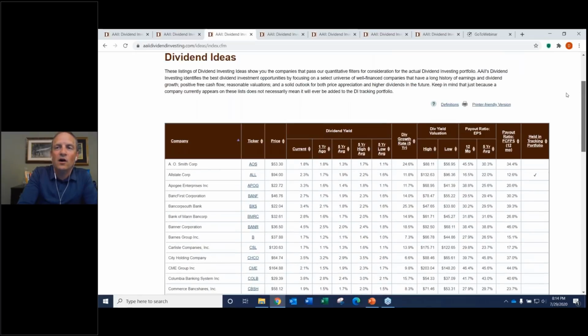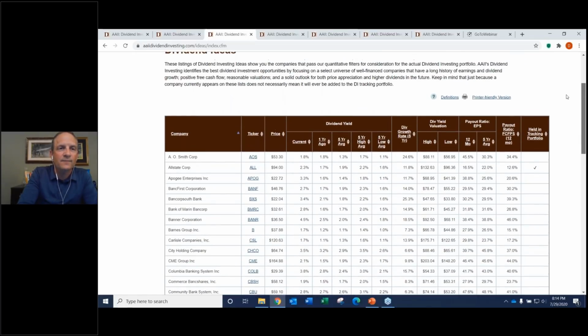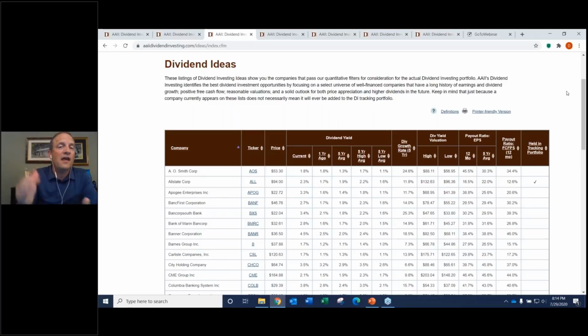These are companies that all pass our quantitative filters, so we could consider any of these for additions to the portfolio. However, one caveat is just because it passes the screen doesn't necessarily mean that it will get added to the portfolio.